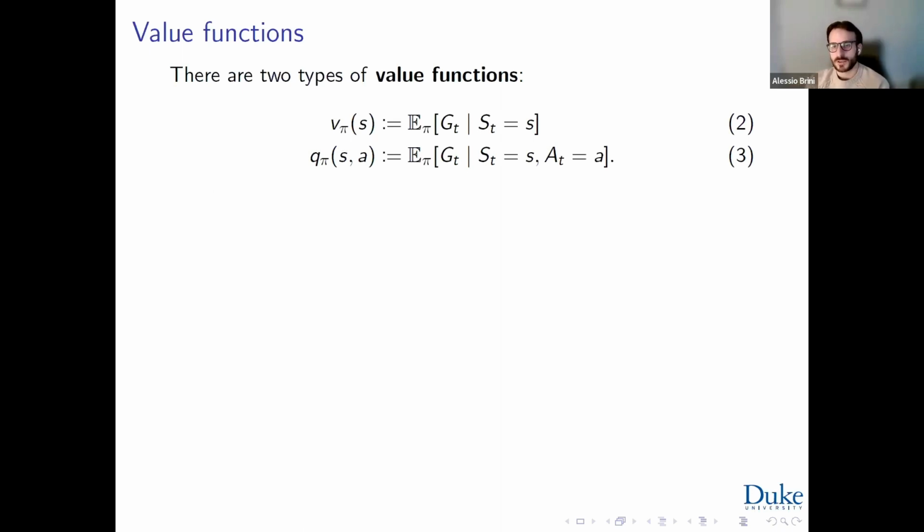So the difference in the interpretation is that Q is the expected cumulative sum of future rewards, given the fact that you are observing a current state and you're taking an action A and following a policy thereof. So the only difference is that you don't follow the policy from the very beginning, but you first take an action A and then you follow a policy.